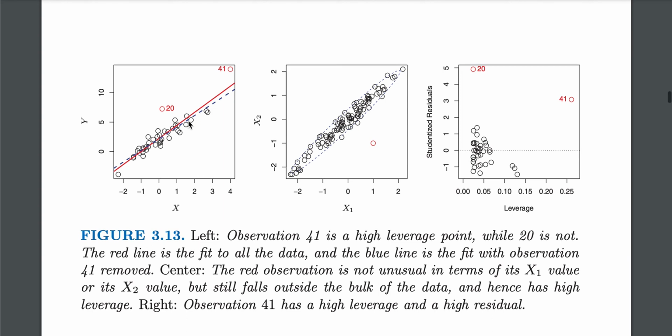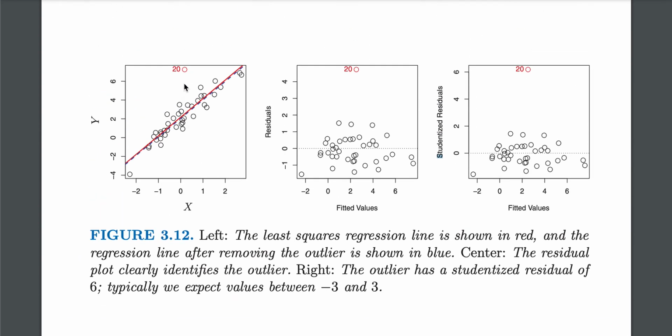That's different from the point 20, which had an x value which was around the same x value as the rest of the data.